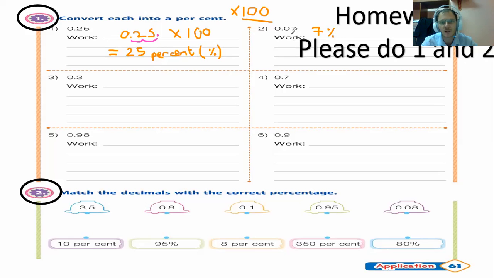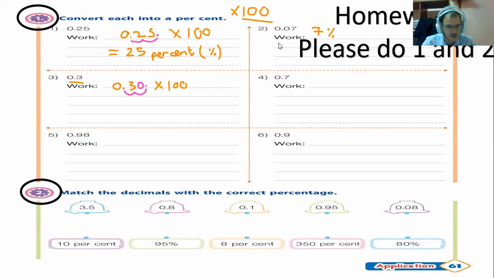The reason why I'll only give the answer is I don't have space to work here. So 0.3, if you want to calculate 0.3 as a percent, we multiply by 100. We first have to move the decimal point once, so we add a 0 and the decimal point to get our answer.